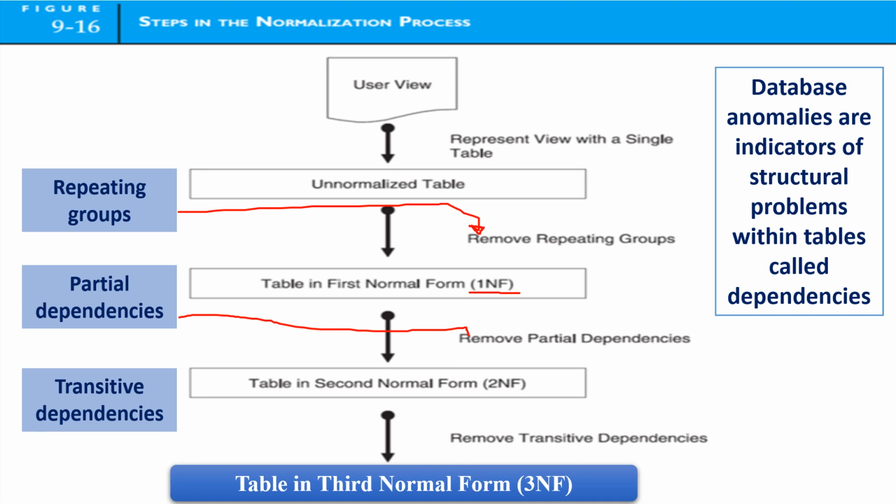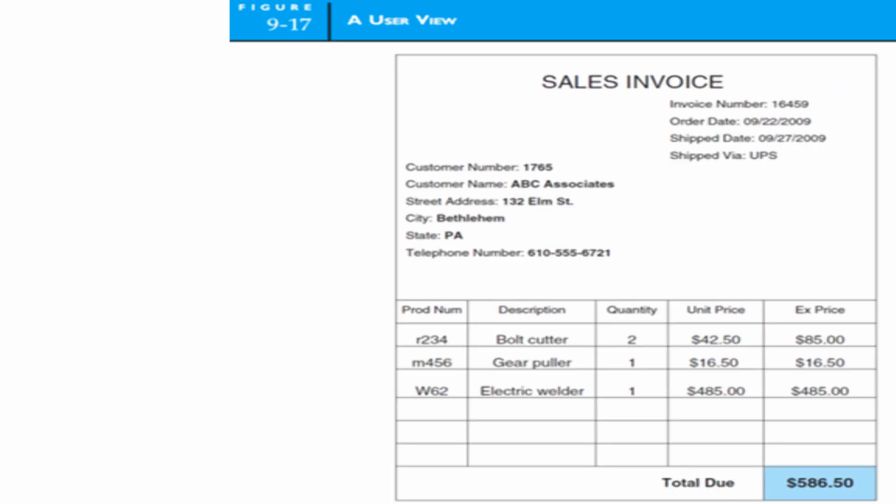We will go through each step in detail with an example to make it easy. Here we have the user's view for the sales invoice. We have the invoice number, the order date, the shipment date, and also that it is shipped via the UPS company.